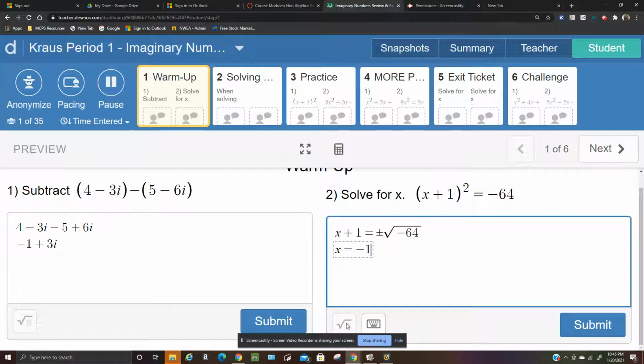Pull your i out, and then take the square root of 64. So we know the square root of 64 is 8, so plus or minus 8i.